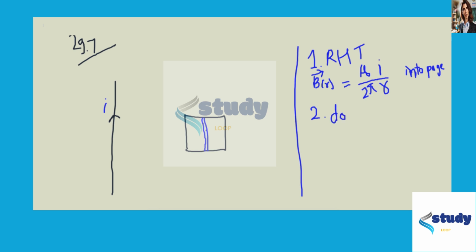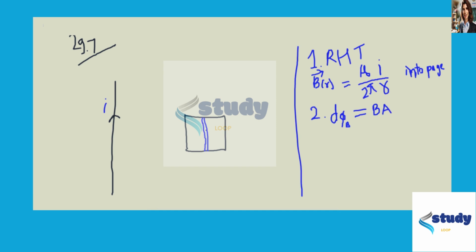So the flux on a very small stripe, we call it d phi because this is a very small region, is basically equal to the magnetic field times area, because the magnetic field is total flux per unit area, right?